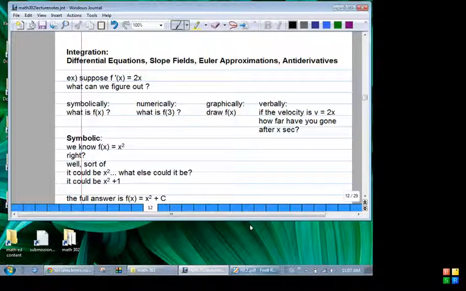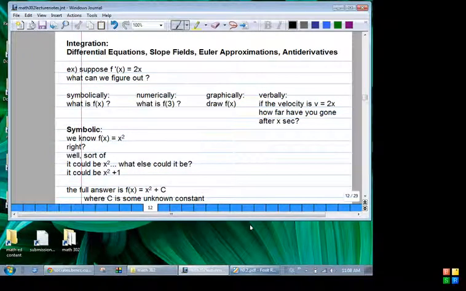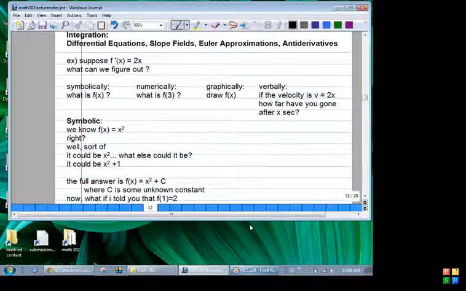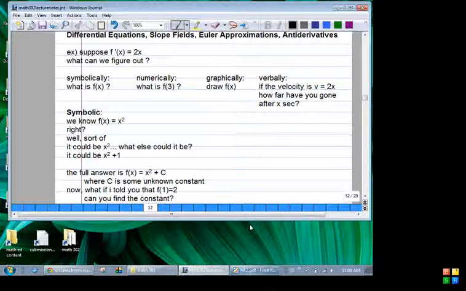So here's how we write the full answer. We write x squared plus c. So c is some constant, and it's referred to as the constant of integration. And the plus c will sit there until you know something else. So what if I told you, for example, that f of 1 equals 2? Now what can you do? You substitute. Now can you find the constant?